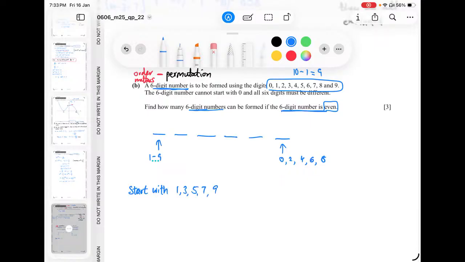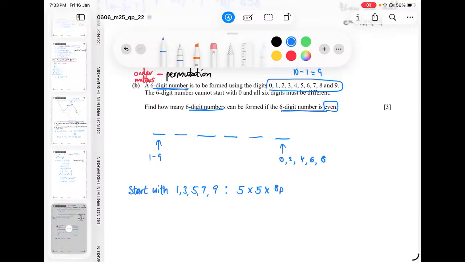So if the number starts with these odd digits, then you have 5 possibilities on the first digit over here, and for the last digit also you have 5 possibilities. So then 5 times 5, you have excluded 2 of the digits, so you are left with 8 digits, and from that 8 you need to choose 4.